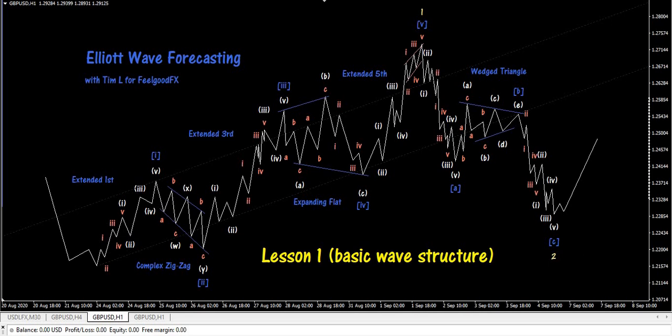If you counted a beautiful 1, 2, 3, 4, 5, chances are that wave 5 is then wave 1 of 5. Do you see that? A lot of people get caught out that way, guys, as they count 5 waves, but if you're not looking at the big picture, if you're not forecasting on large time frames, you can really get caught out.